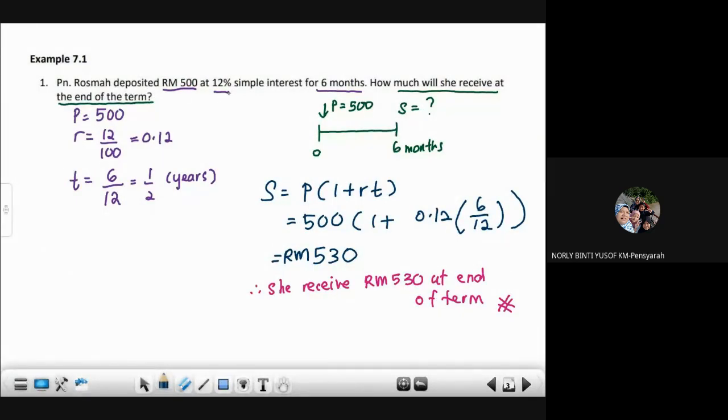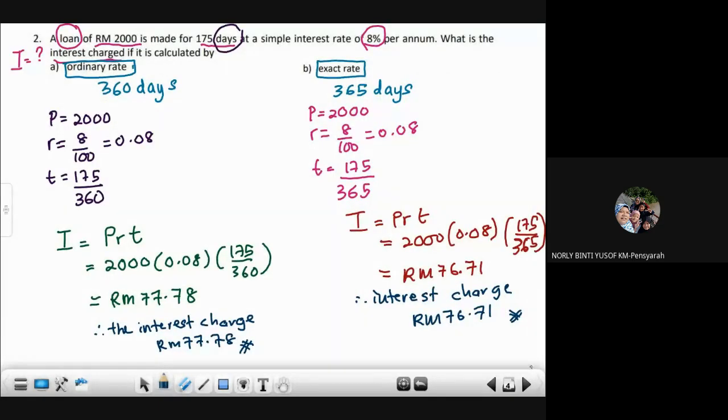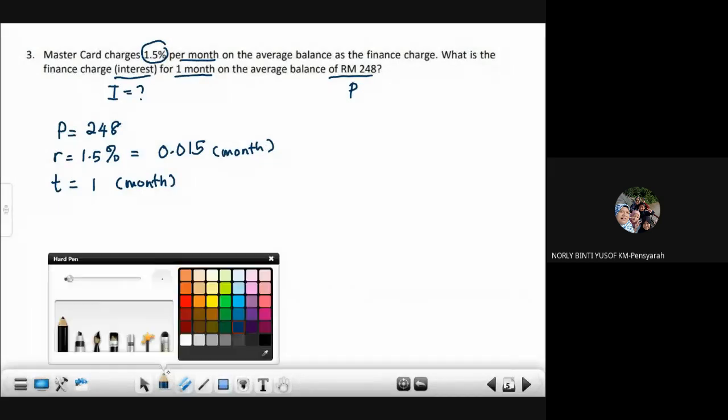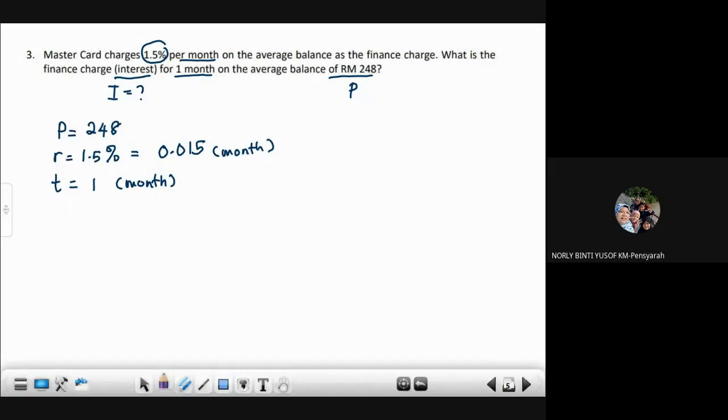Dia tak cakap pun in terms of in a year, so you have to change. So that means 12% ni setahun. So 6 tu kena tukar lah. Okay, and then same goes for here, per annum, that means 1 tahun lah kan. Per annum is yearly. Okay, cuma kat sini dia dah bagi tahu 1.5% per month. And then the time period is also 1 month. So you tak perlu tukar pun okay, because your rate is already in per month. So you kena tengok lah the question carefully.